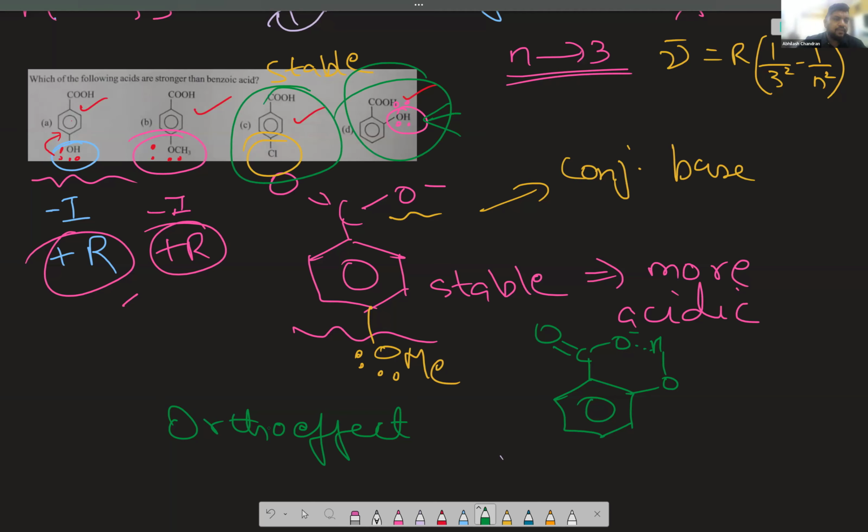With your OMe and OH groups with plus R at the para position, it is not good for the conjugate base stability. So yeah, these two will not be stronger than benzoic acid. They're going to be weaker than benzoic acid, right?